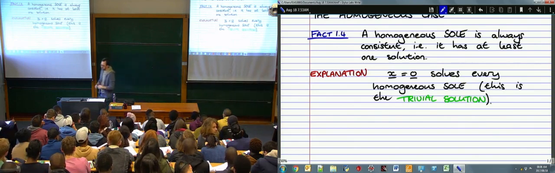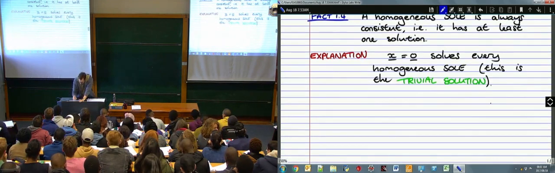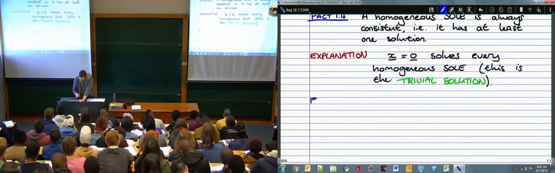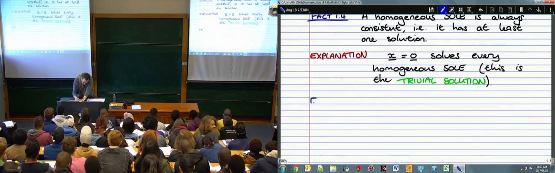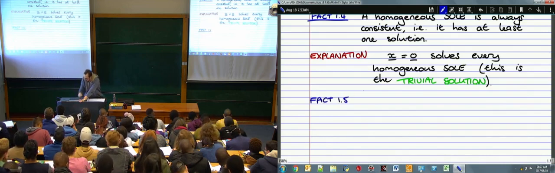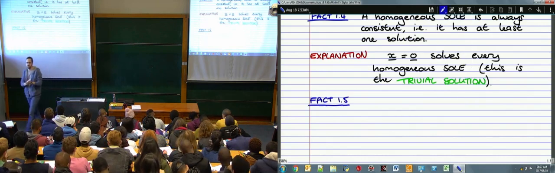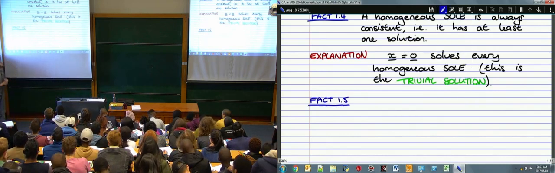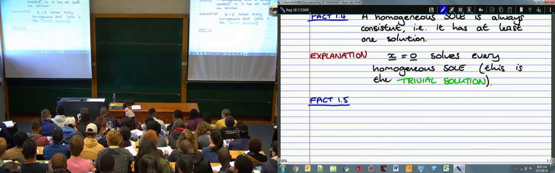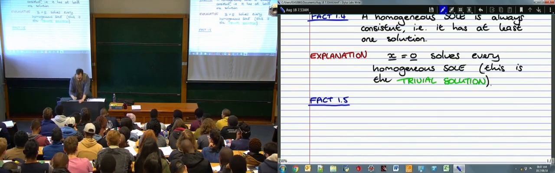There's some other really nice results, or some really nice behavior, for homogeneous systems of linear equations. Let's put this up as fact 1.5, which is that if you take any linear combination of solutions to a homogeneous system, that linear combination is still a solution.